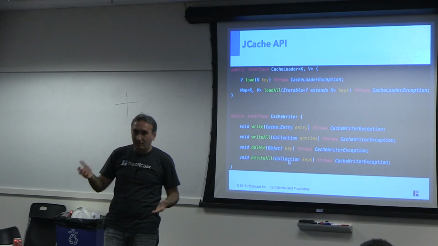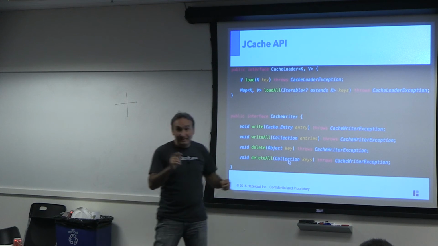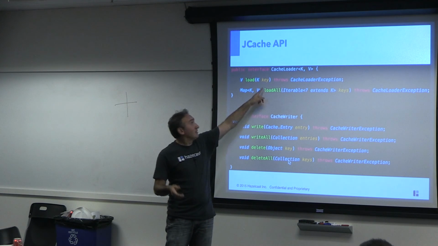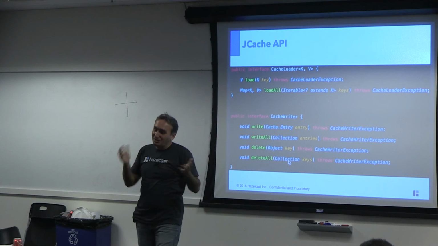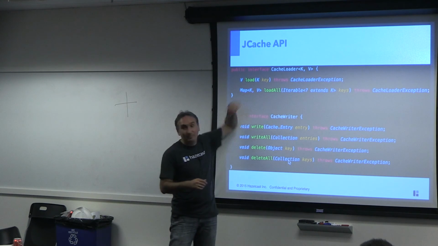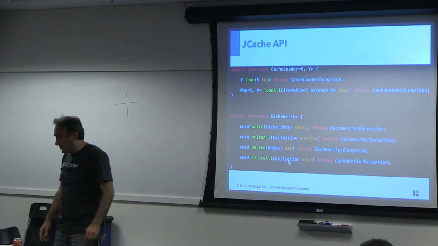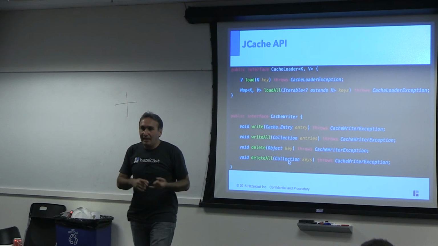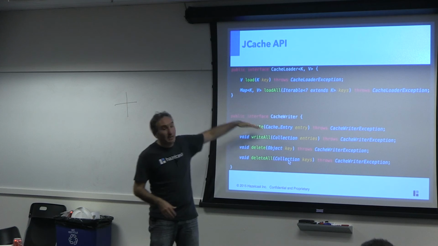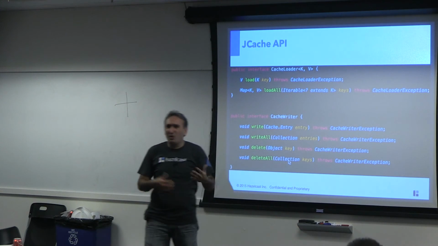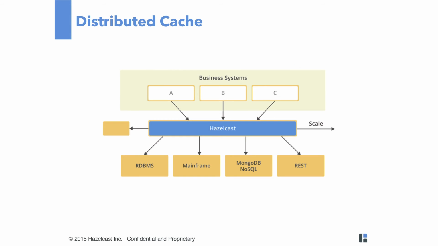Let's say a NoSQL or whatever. And whenever you try to get, if the key is not in the cache, it will ask you to load it, actually, right? So you have to write the code to load it back, because we don't know where you want to store all that stuff. So there are pre-built loaders and writers already for Mongo, for JPA, and all that stuff. But I'm sure there will be more.